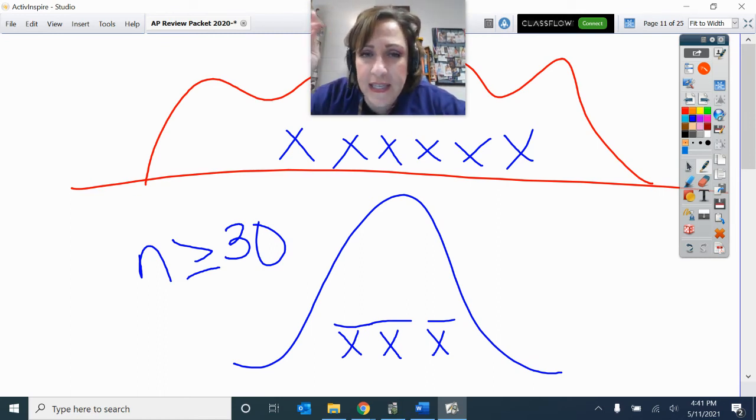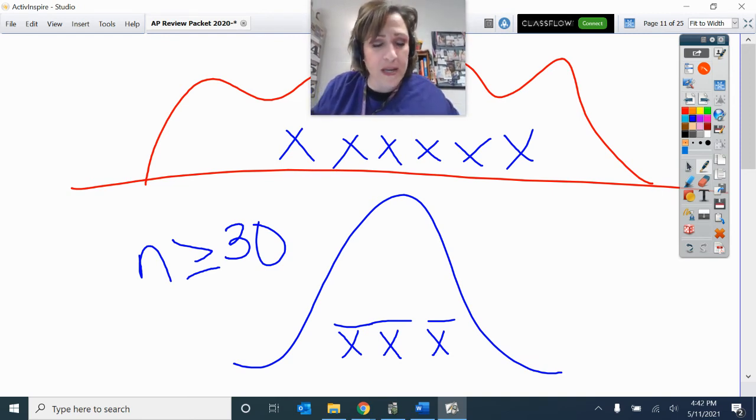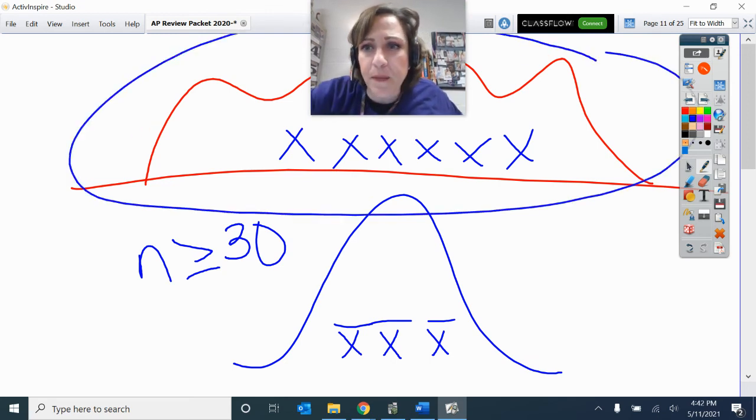If n is large enough, then it doesn't matter the shape of the population. The sampling distribution's about normal. Okay, central limit theorem is about the shape of the sampling distribution and the parent population.